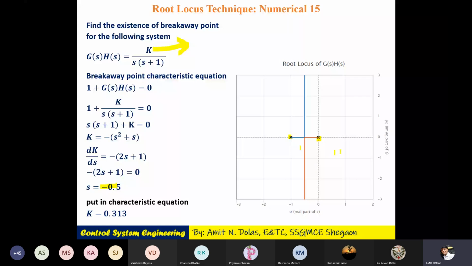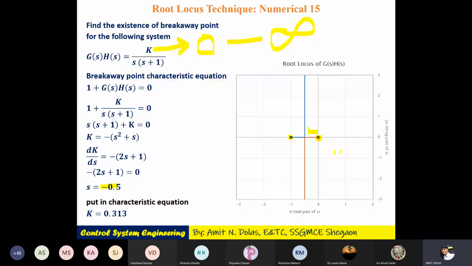And if I vary it from 0 towards infinity, then what happens? The pole at the origin will come in this direction, the pole at minus 1 will come in this direction, they will come together and will meet at this point.